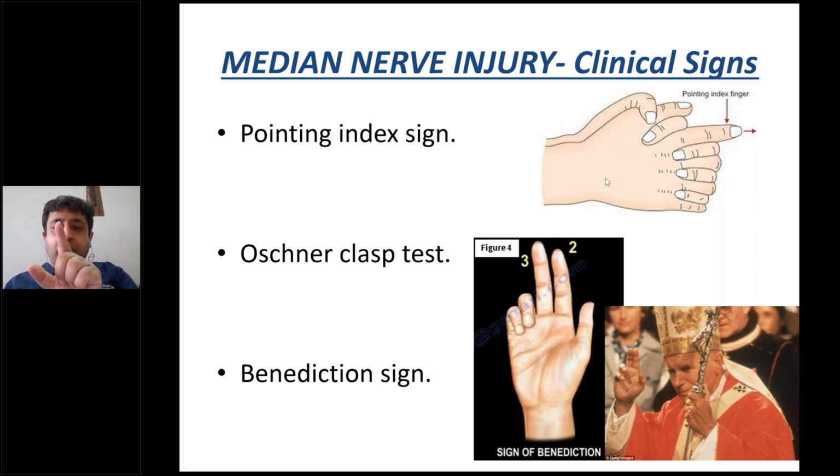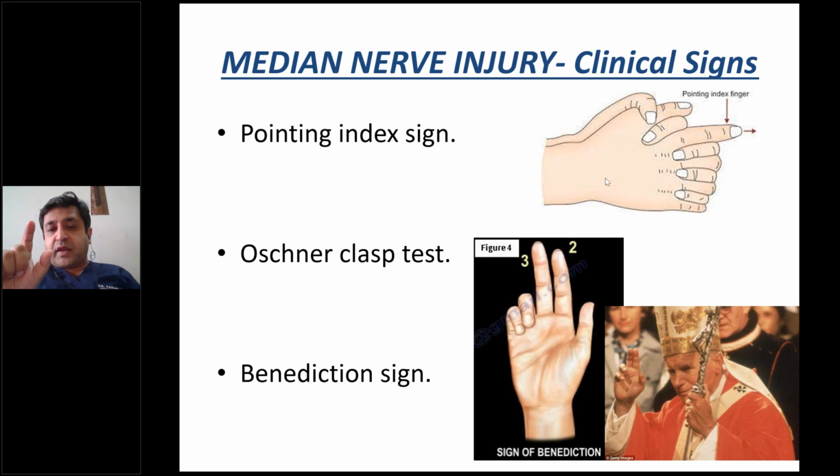The patient is not able to flex the index finger because the flexor digitorum profundus of this finger is paralyzed. Remember, the FDP of the index is supplied by the median nerve. These two are supplied by the ulnar nerve. So when you ask the patient to make a fist, he is not able to flex the index finger, and the index finger keeps standing out. This is called the pointing index sign.